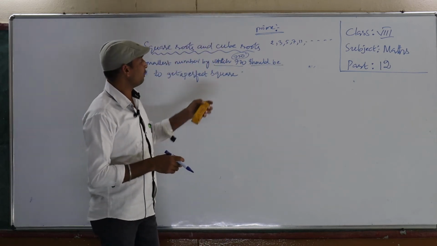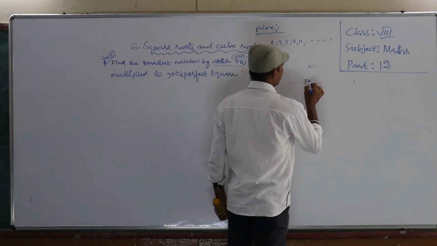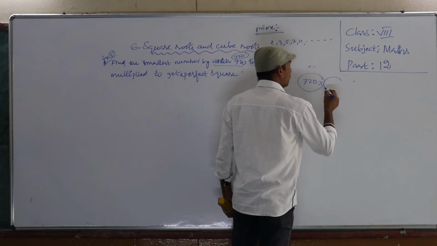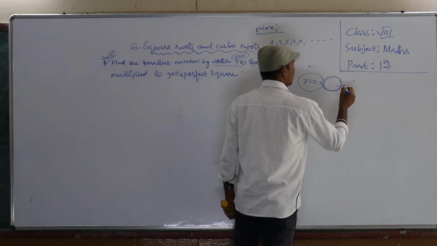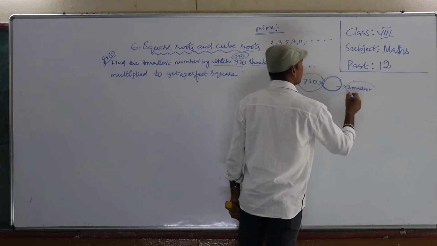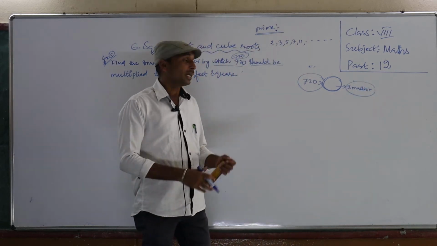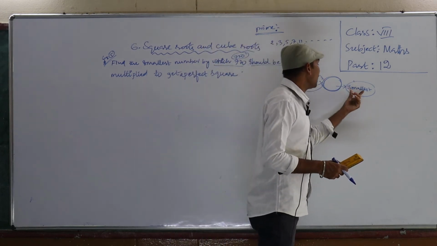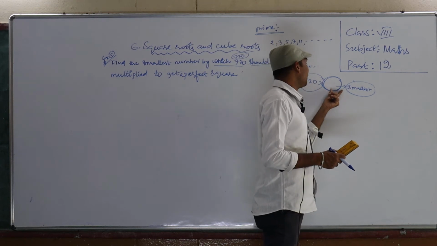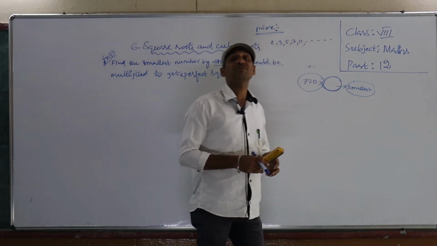Here the given number is 720, children. So this number is multiplied by a number. That number is the smallest. Okay? What is the smallest number by which 720 should be multiplied to get a perfect square?